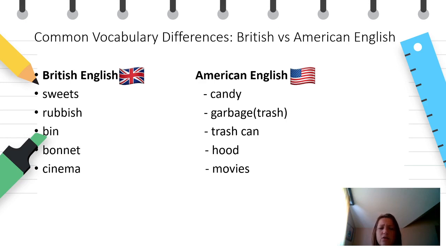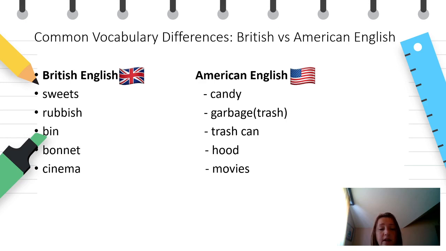Usually sweets are those lollipops or chocolate bars, sweet treats. Sweet treats are called sweets or candy, all of them. For the waste material that is not needed anymore, British people use the word rubbish, and Americans use the word garbage or trash. Example: I forgot to throw out the rubbish, or I forgot to throw out the garbage.